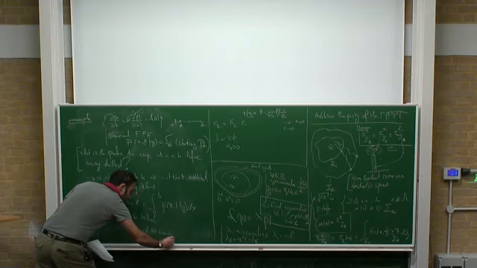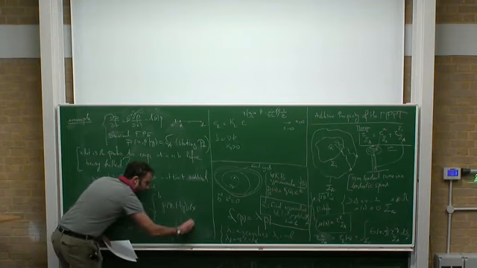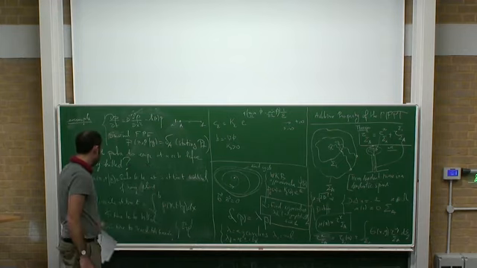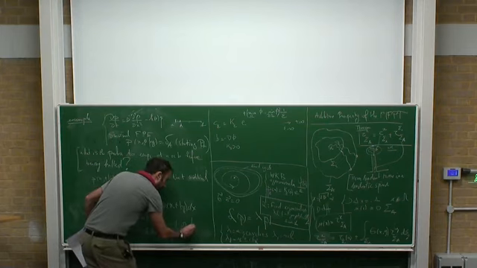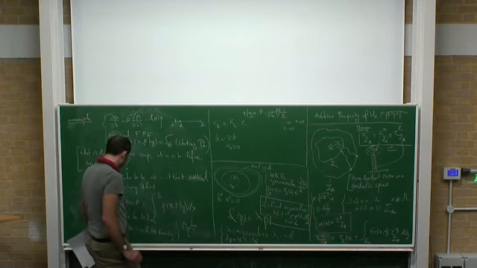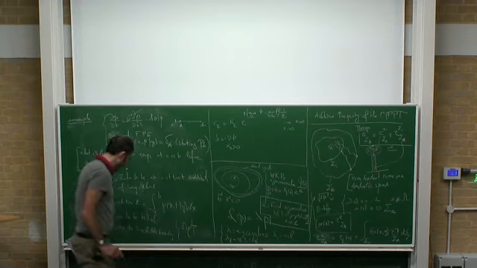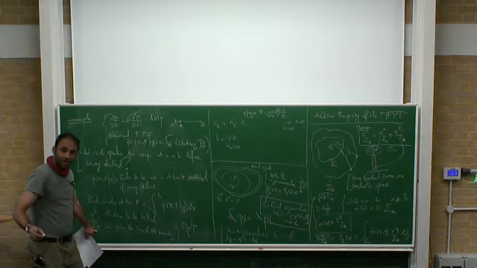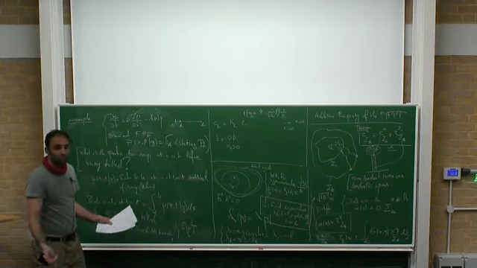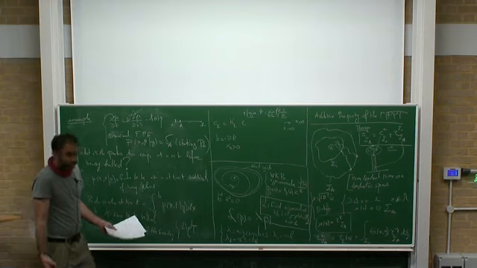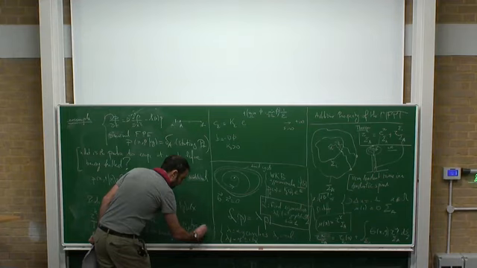So I'm interested in the probability that capital T is less than tau kill. You should reach the boundary before being killed, no?